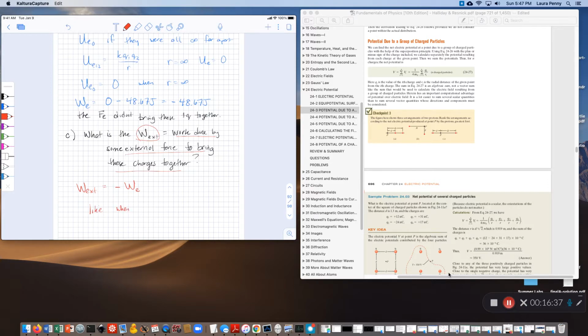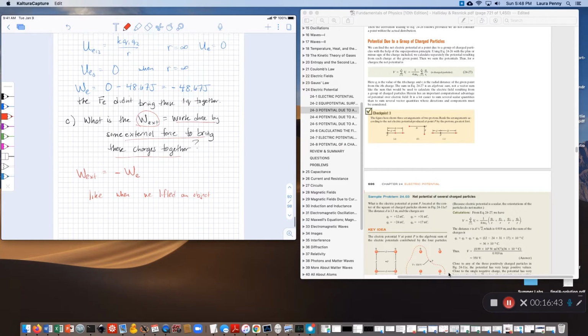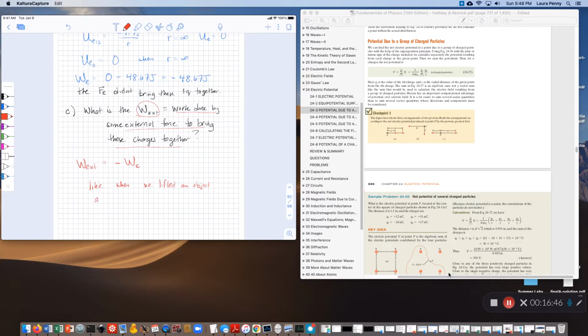This is like when we lifted an object against the gravitational force.